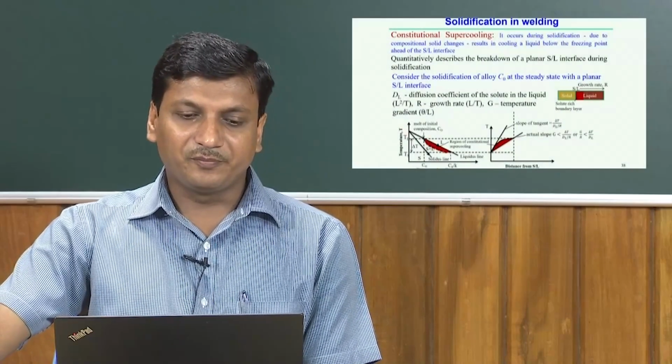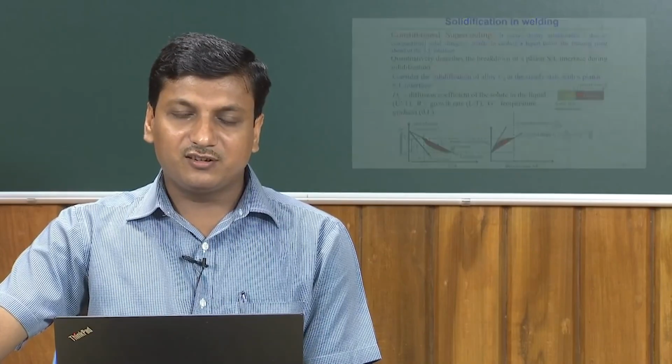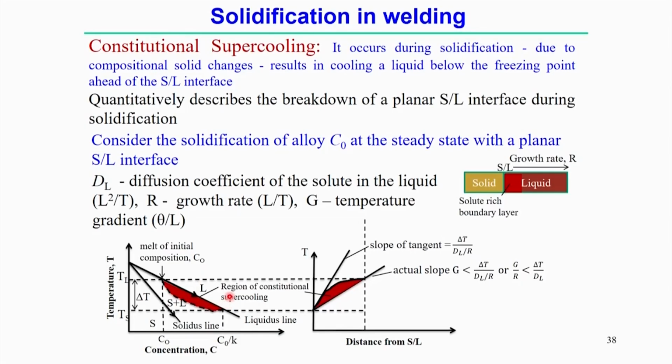And if we see, on the liquidus line, the composition or concentration of the alloy material, here you can see C0 by K, where K is the ratio of CS and C0.